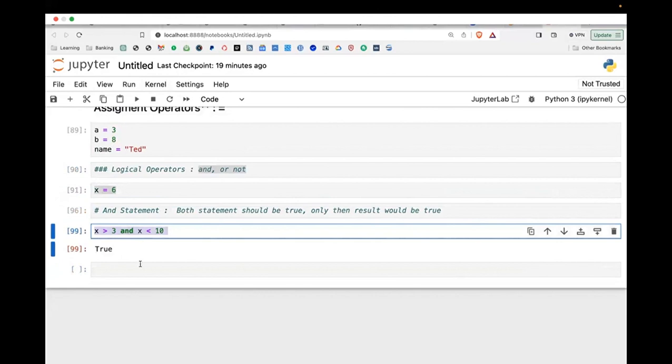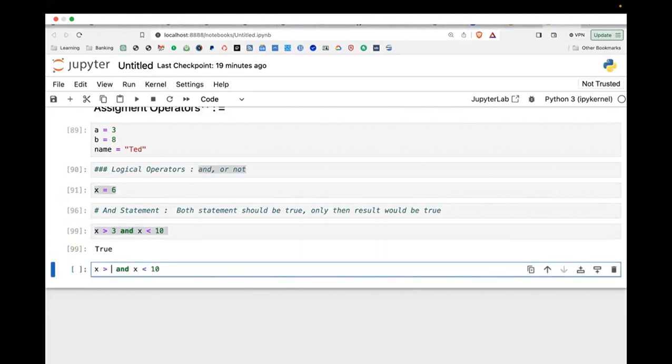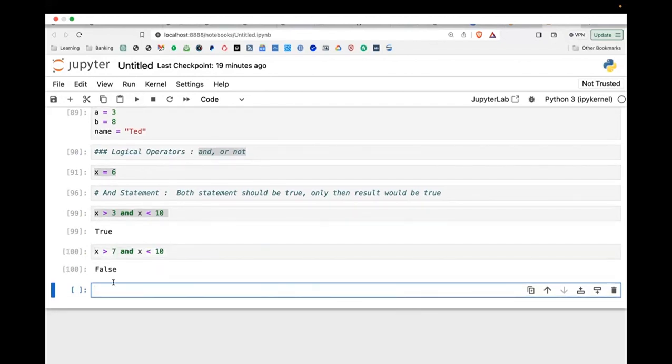But if any one statement is incorrect, like I will just say x is greater than 7, so this is actually false. This is true, right? So your result would be false. I will say x is greater than 10 also. Both false, then this is also false.